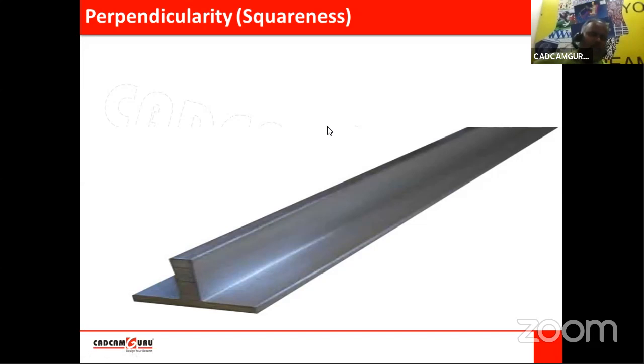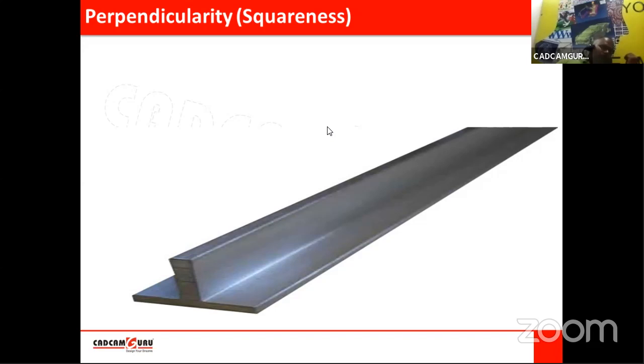I am telling you general examples because you observe such components in your day-to-day life. While manufacturing a door frame, he ensures the perpendicularity of the two vertical arms and the one top horizontal arm of the door frame. So there he is checking perpendicularity.